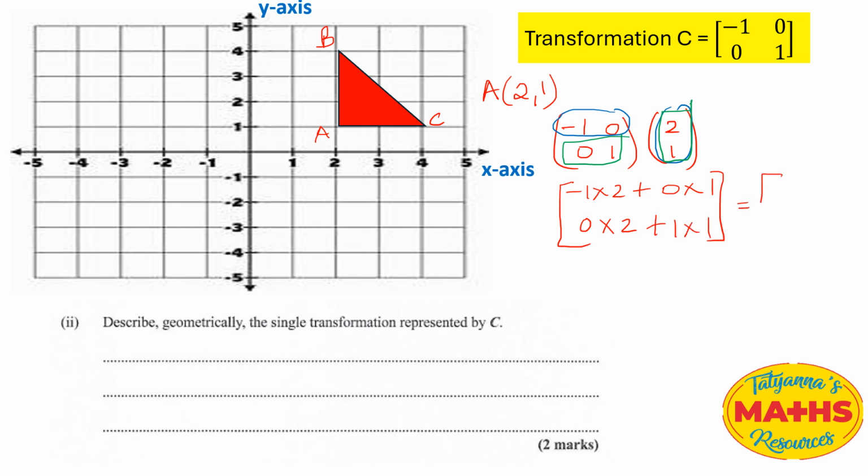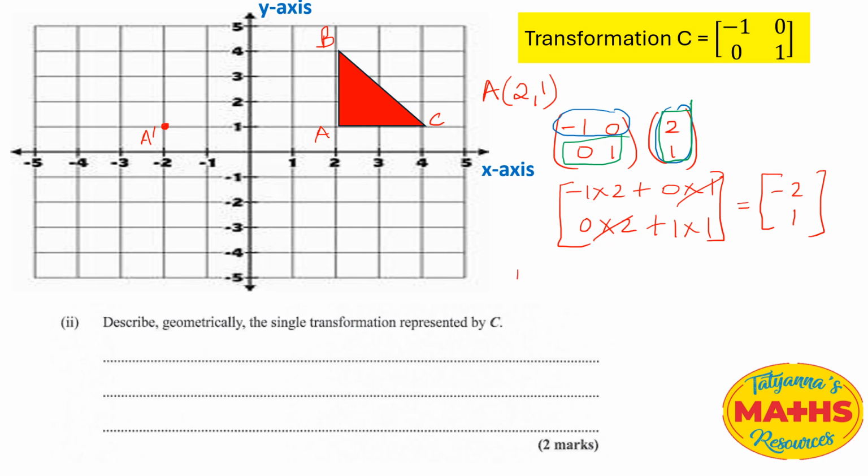That is going to give us, this is 0, that's -2, this is a 0 by 1. So we're going to have -2, 1 right here. Now this was the coordinate here, so now this is A prime.